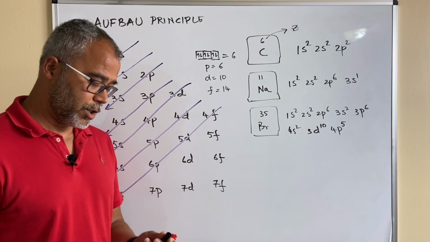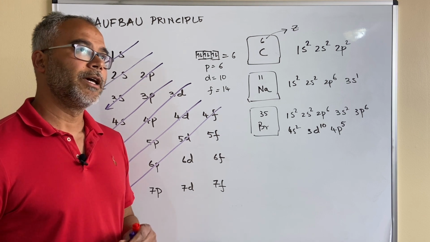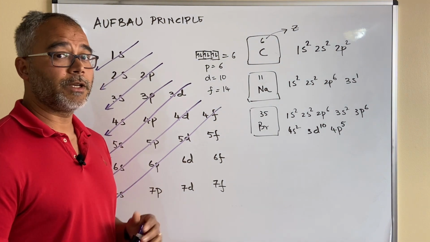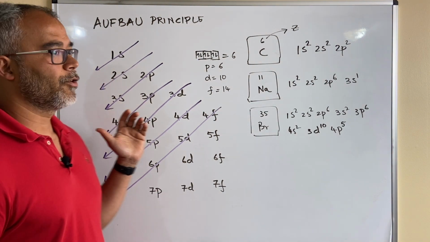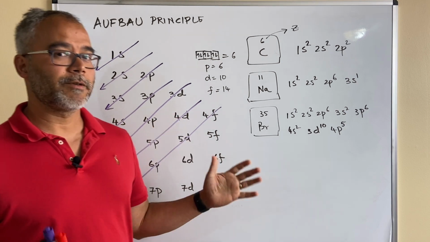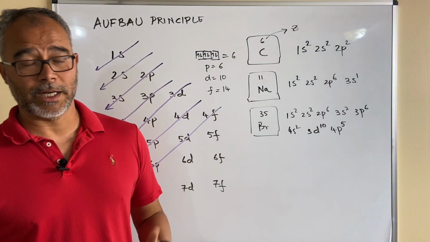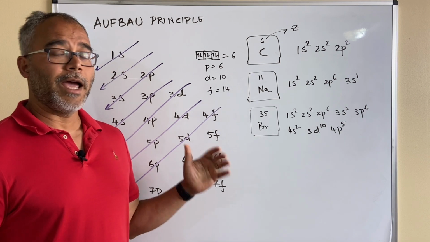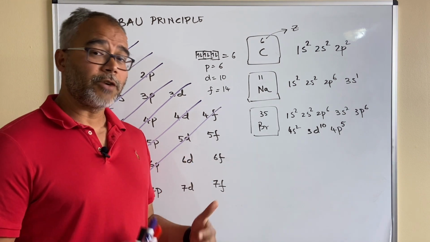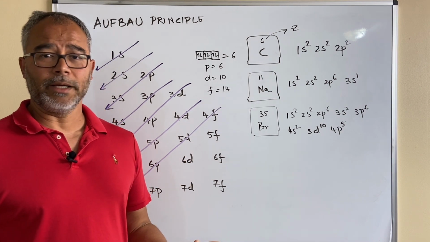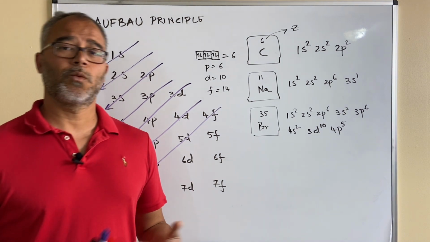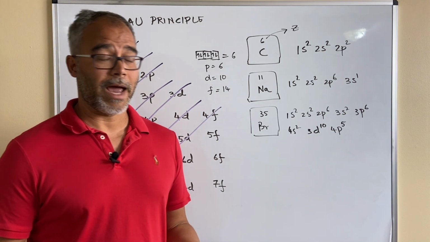Now, the next question is, if you recall, when we started this video, we talked about two types of electrons, core electrons and valence electrons. The core electrons are not involved in chemical bonding, and valence electrons are the ones involved in chemical bonding or chemical reactions.